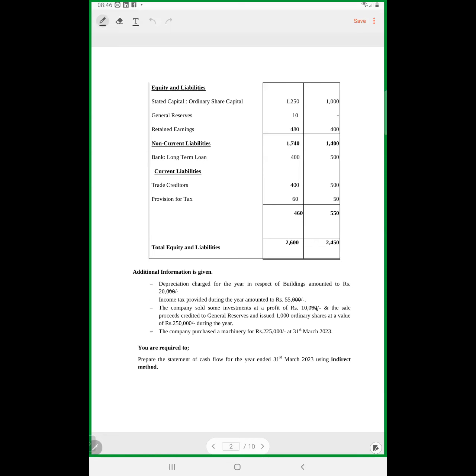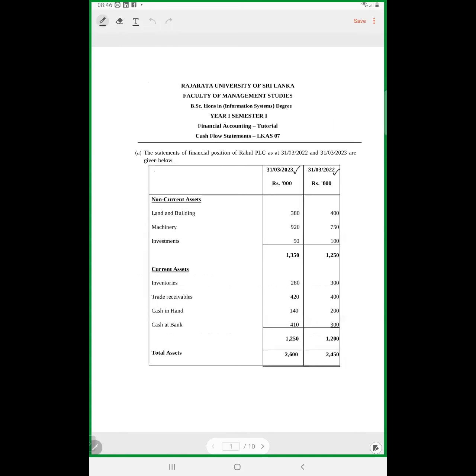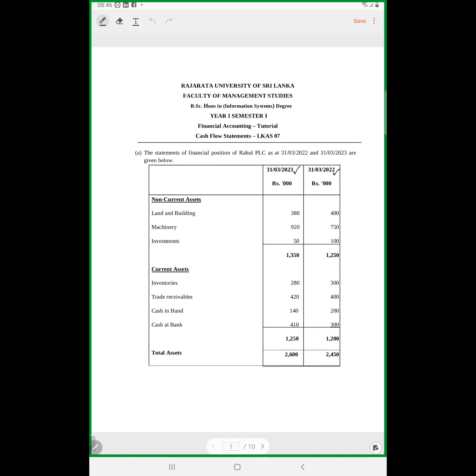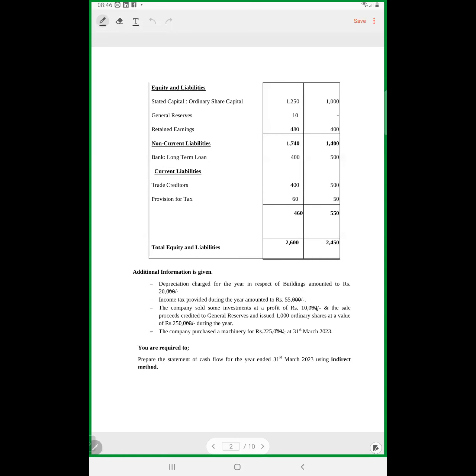Likewise you are given the information, and the company purchased a machinery for rupees 225,000 at 31st March 2023. These are the information you are given, right? We'll see how we do the activity.